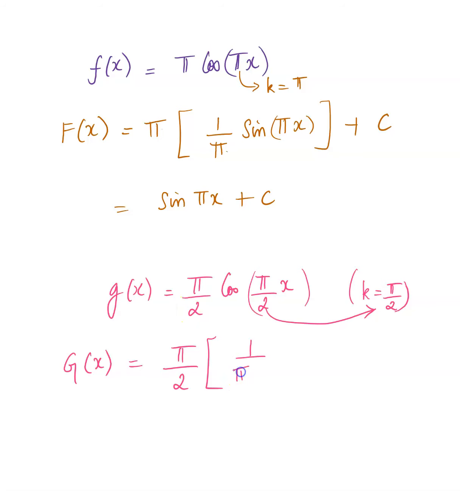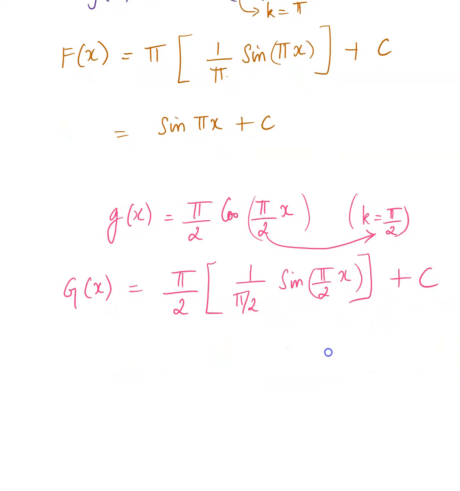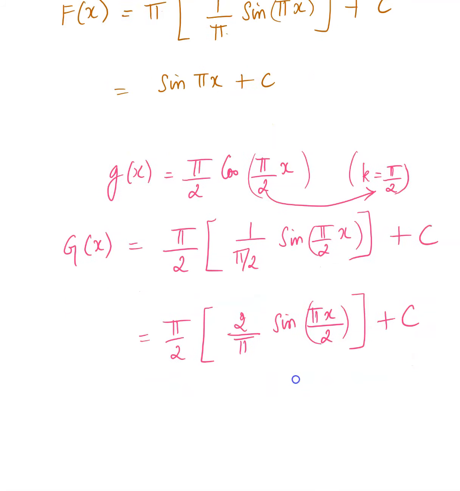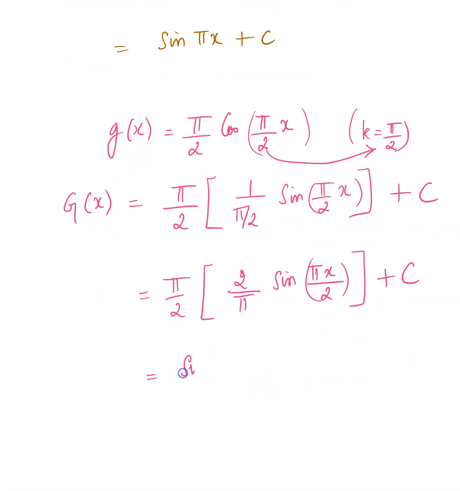So it's 1 over pi over 2 sine kx, so pi over 2x. That thing is done, and then you add a c at the end, plus c. So that's pi over 2. This will become 2 over pi sine pi x over 2. Let's see, the pi's and the 2's will cancel each other, leaving us with sine pi x over 2 plus c.